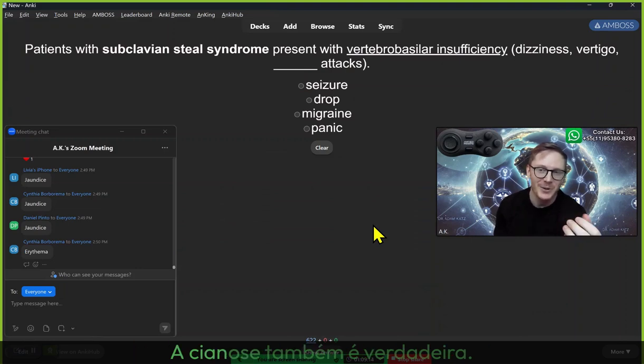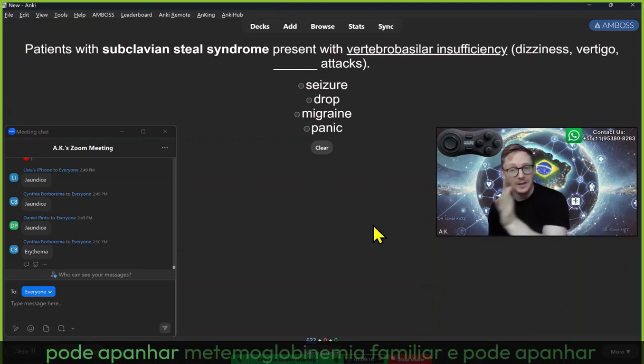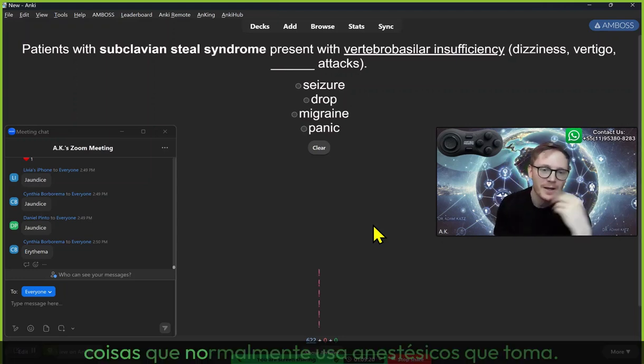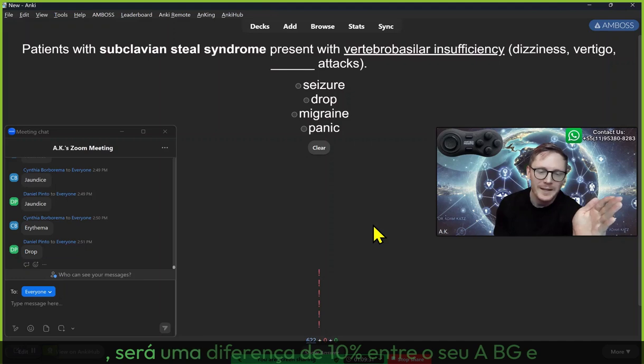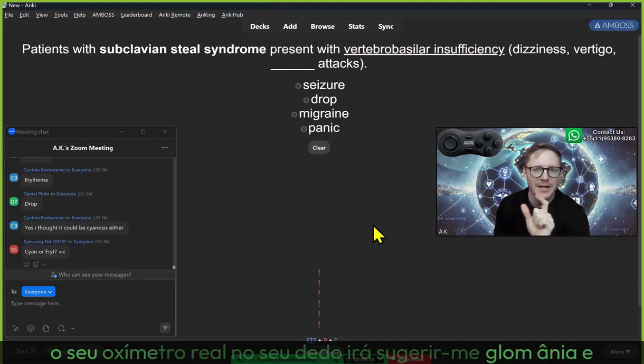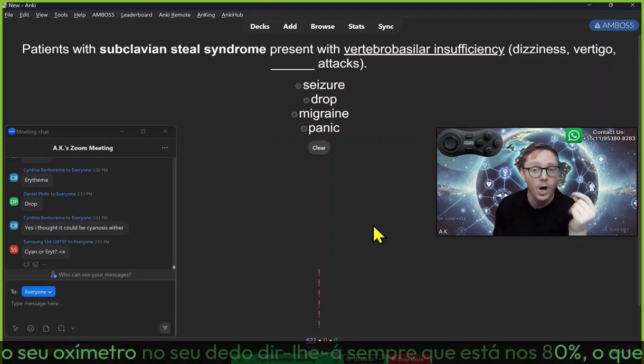Cyanosis is also true. You can get familial methemoglobinemia, and you can get methemoglobinemia from things like anesthetics that you take. But this is an interesting fact: a 10% difference between your ABG and the oximeter on your finger will suggest methemoglobinemia, and your oximeter on your finger will always say that you're at 80%, which is really low.